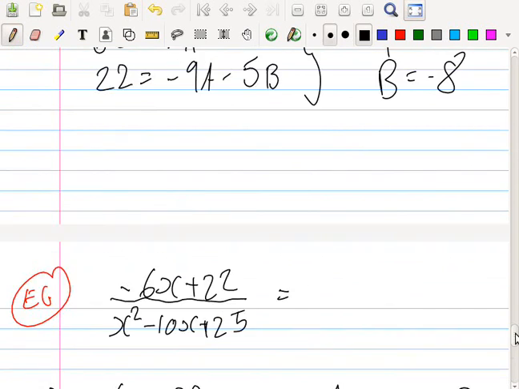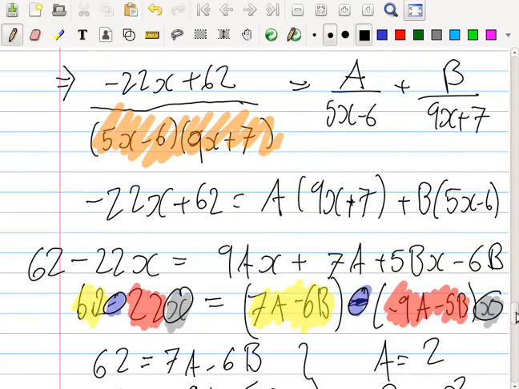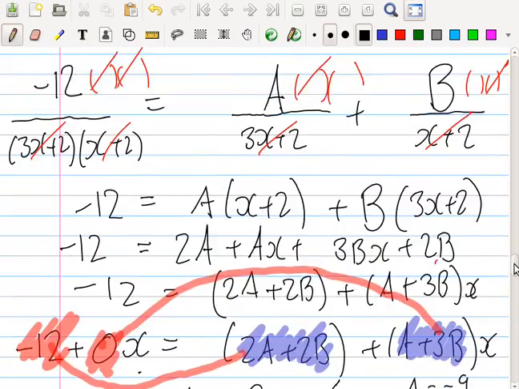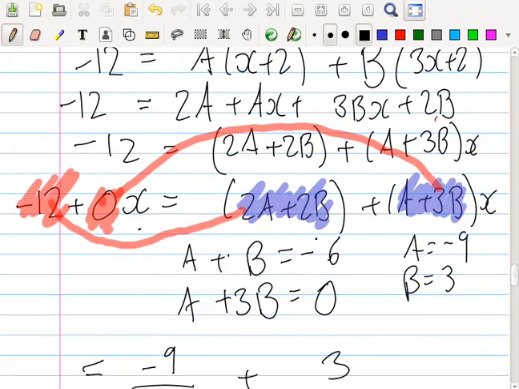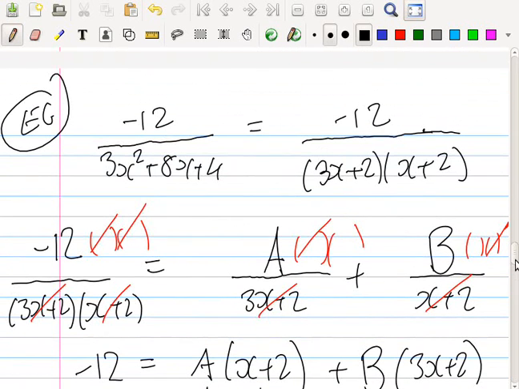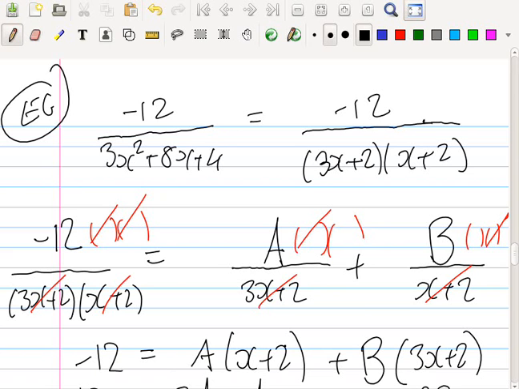Here, let me go back here. Let's go back to this one here. What would I have to choose x to be here to, for example, and let me go even further back. Yeah, let's go all the way back to here. What would I have to choose x to be here to cancel this? Minus 2. Yes?